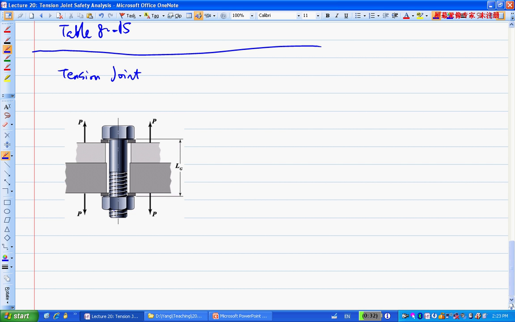So here's a whole bunch of definitions that we're going to need for further application. I'll define Fi as we defined previously, the preload, of course. This capital P is going to be the external tensile load. Imagine what happens here.